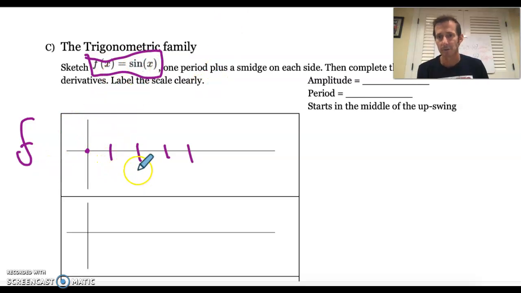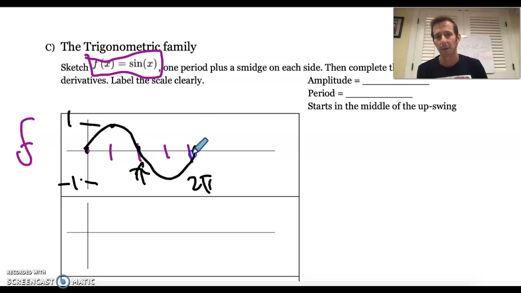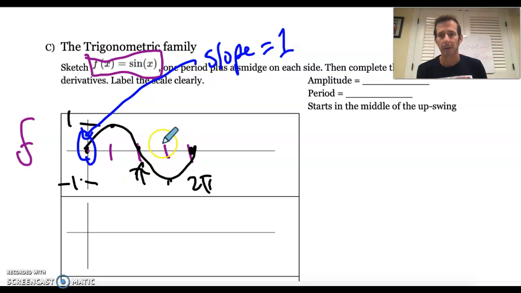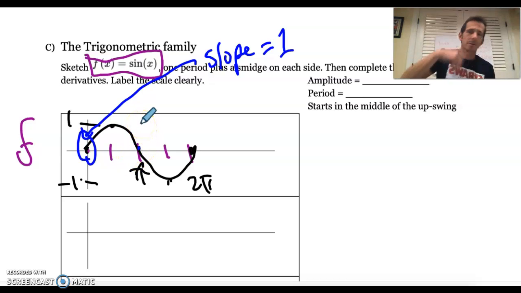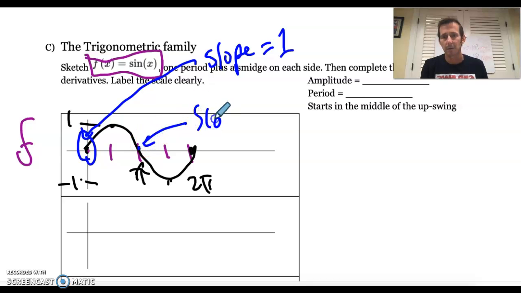So sine graph, again, this would be pi and 2 pi, so that's like pi over 2 and 3 pi over 2, and the max of a sine graph is 1, the min is -1, and it starts at 0, and this may be some review for you, and it goes up to 1, it comes back down to 0, goes to -1, goes back up to 0, etc. So two things to keep in mind as you do the next phase, and that is that the slope right here is equal to 1, and the slope at this point right here is equal to -1.